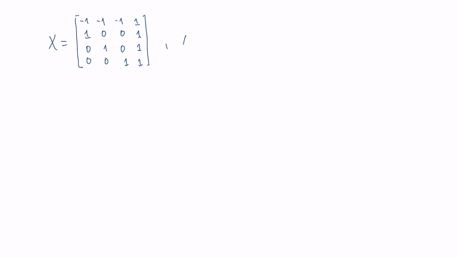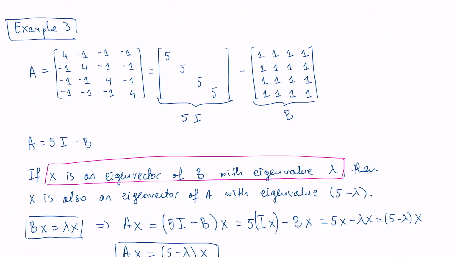The corresponding lambda matrix, from the order of how I wrote the eigenvectors, will be 0, 0, 0, and then a 4 here. Sorry, my bad. Those would be the values for B. For A, so I'm going to write this lambda for A, I have to use this rule that the eigenvalues are 5 minus lambda.